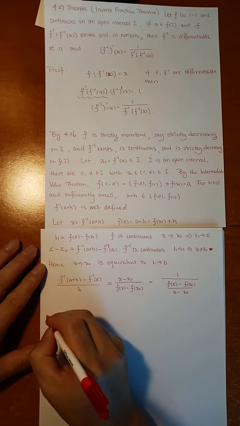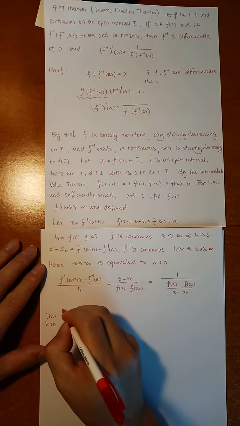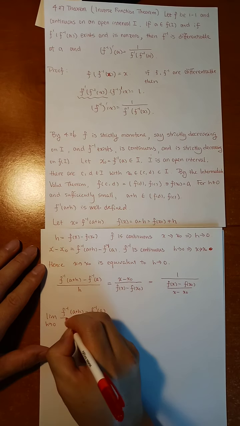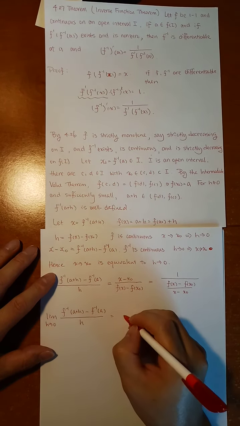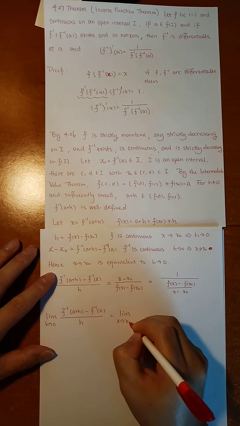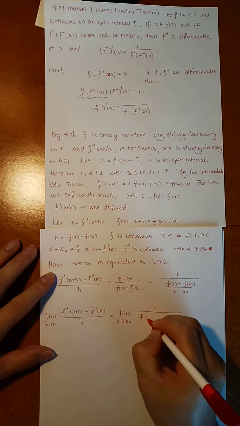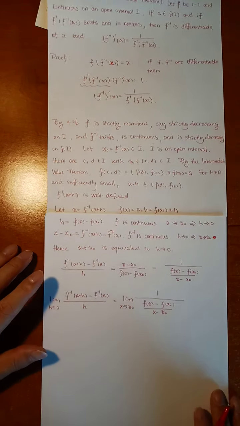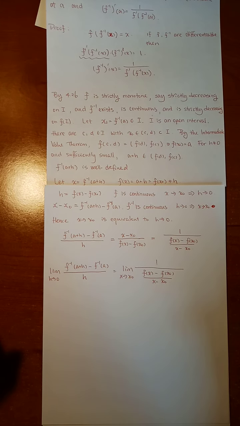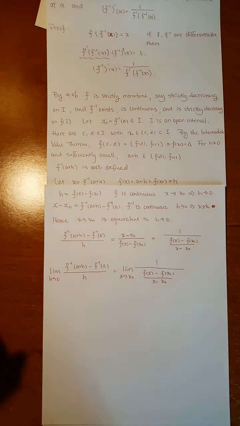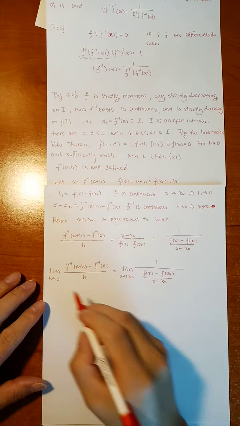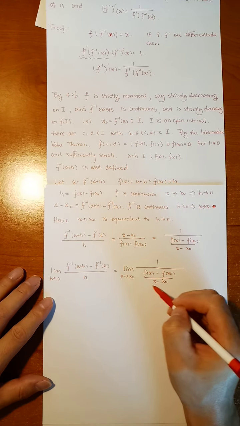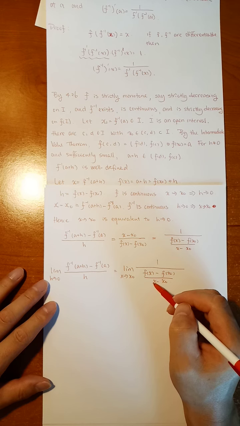So if we put the limit as h approaches 0 of f inverse of a plus h minus f inverse of a, over h, you can just put the limit as x approaches x0 of 1 over (f of x minus f of x0) over (x minus x0). That is the place where you use this condition. We know the limit exists because f is differentiable.